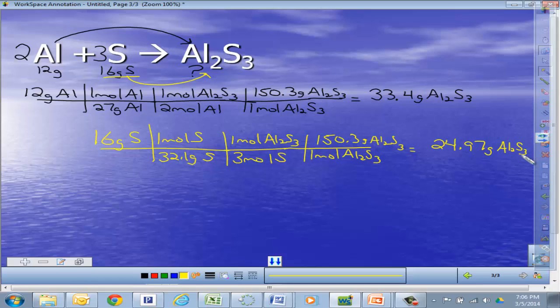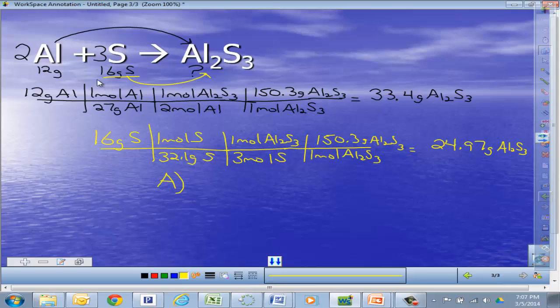So when I start thinking of the questions, the first question said, which one is the limiting reactant? Is it the aluminum? Is it the sulfur? Well, back in my steps, I said choose the smaller of the two numbers. 24.97 is going to be less than the 33.4.